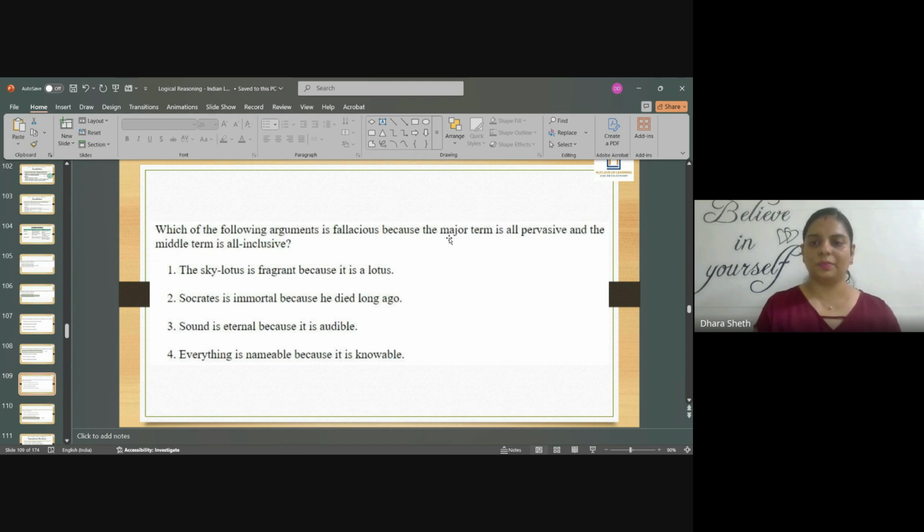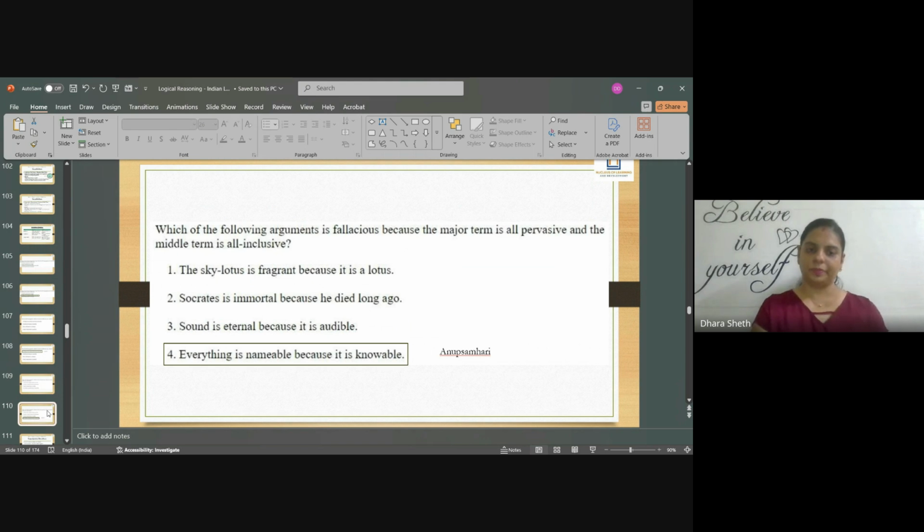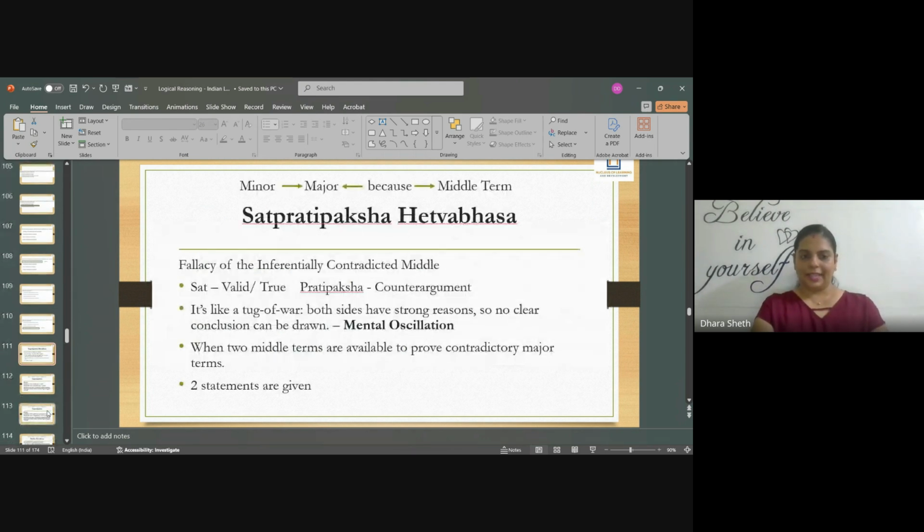Major term is what you want to prove, and middle term is the reason. Now here, what seems all inclusive? Non-exclusive. Same. Everything is nameable because it is knowable. Anupasamhari. Next.